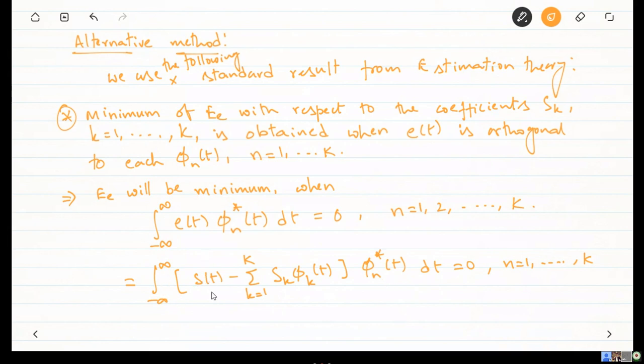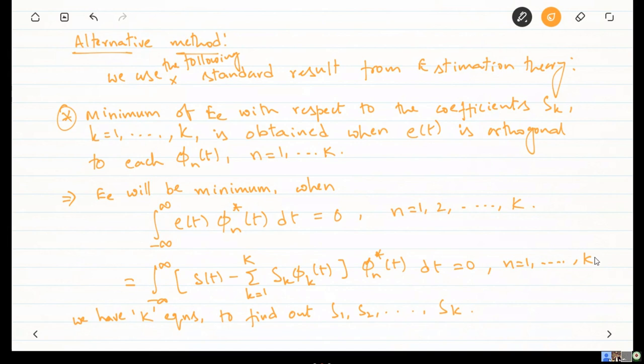Integral of s of t minus this, multiplied by phi 1 star of t dt, equal to 0, and so on and so forth. So we have capital K equations to find out S1, S2 up to S capital K. Okay.